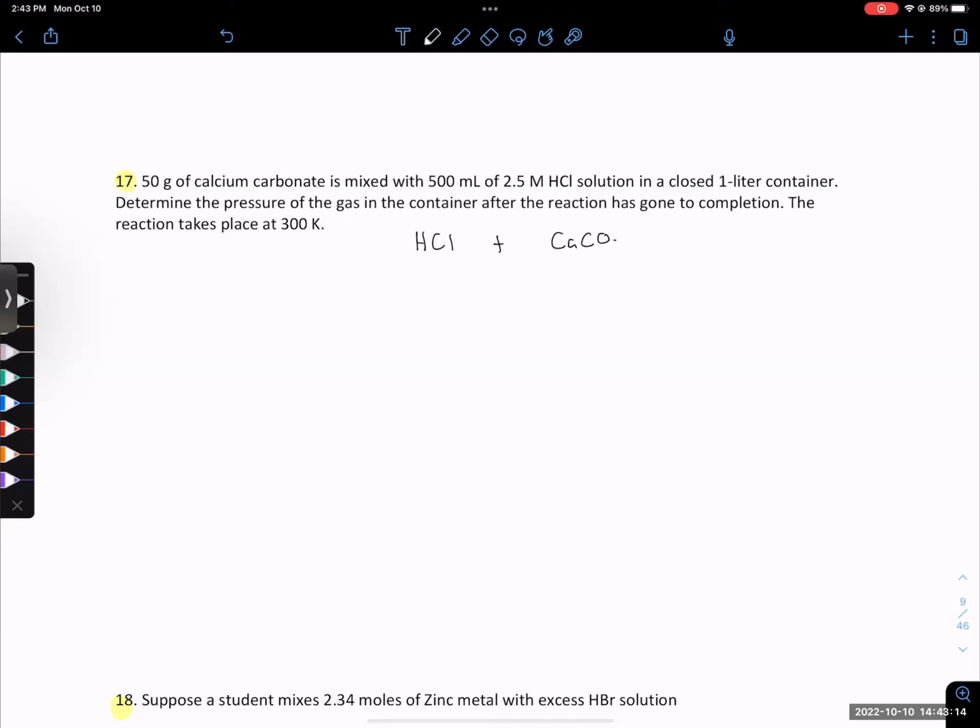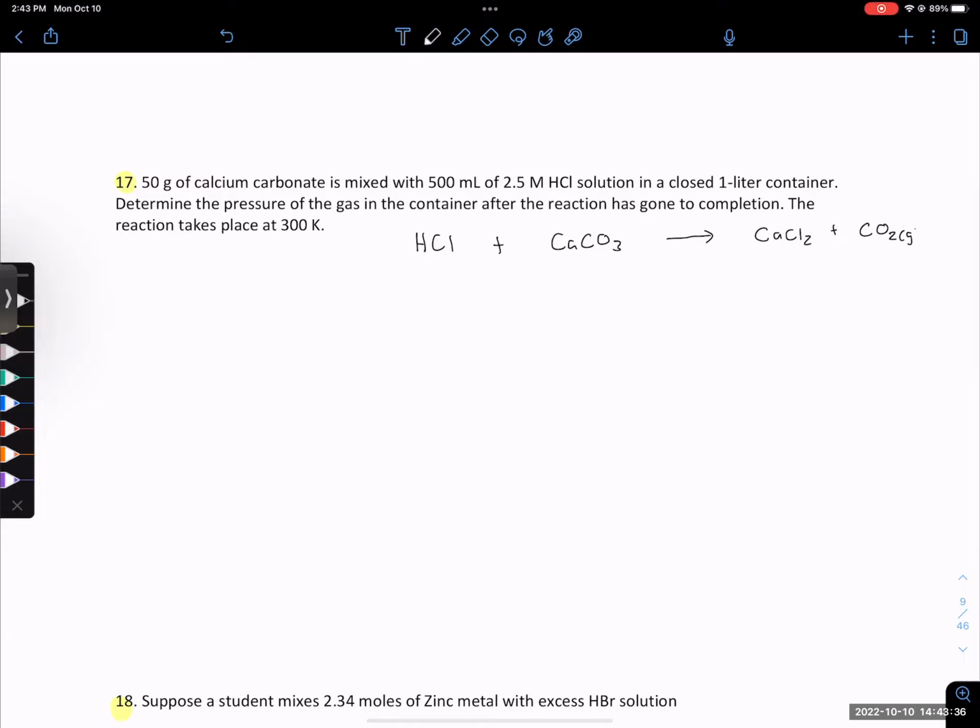So CaCO3 is reacting to form, what do we say about these types of reactants? Form a salt, and that salt is calcium chloride, so CaCl2. And you form carbonic acid, which gives carbon dioxide.